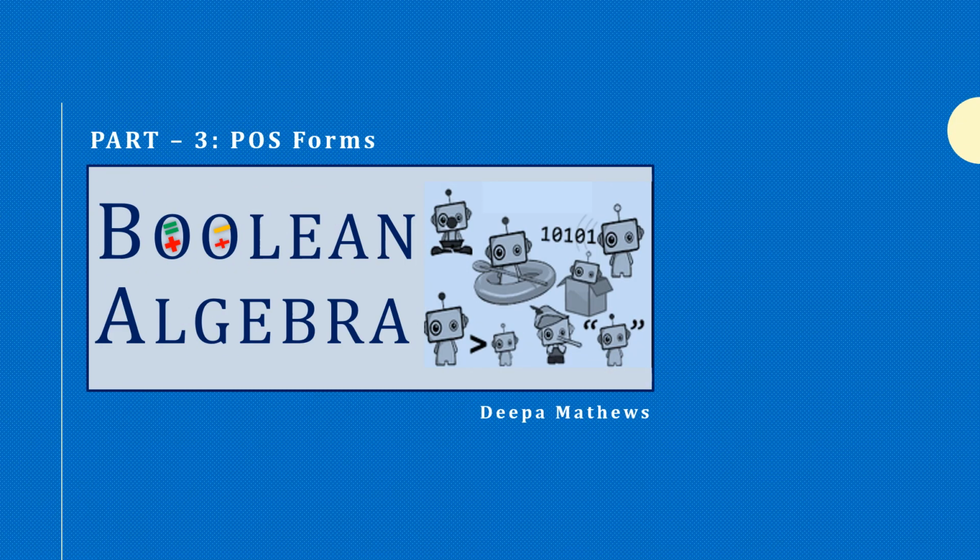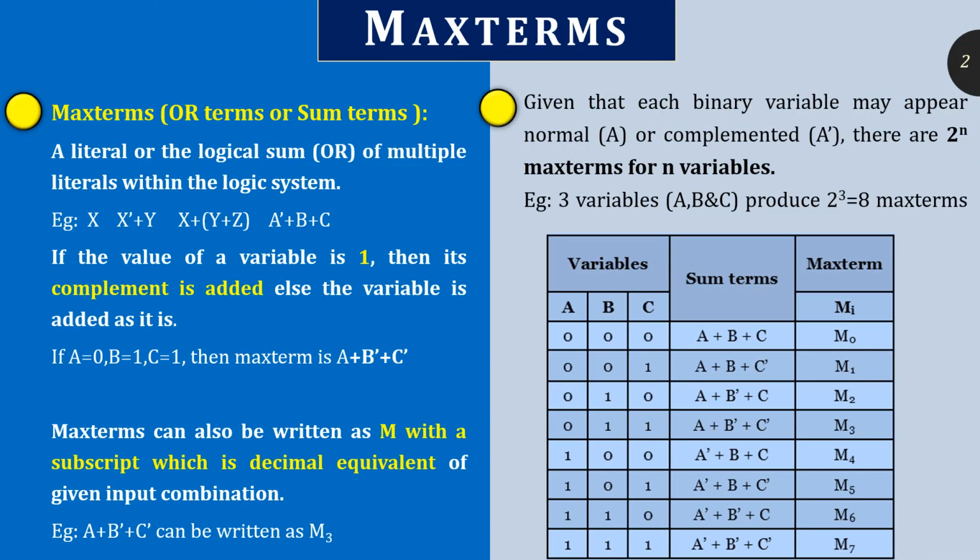Hello everyone. In the last video, we discussed the standard sum of product expressions, and in this video, we are going to discuss the product of sum expressions. The OR terms or the sum terms can be called max terms.